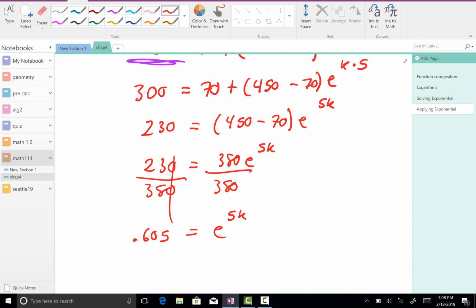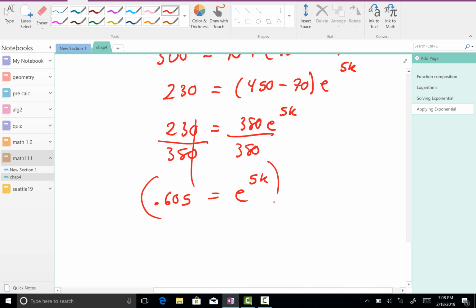It's very similar to what we just did in the 4.6 section. So we take the natural log of this, which is the same thing as putting the 5K out in front.